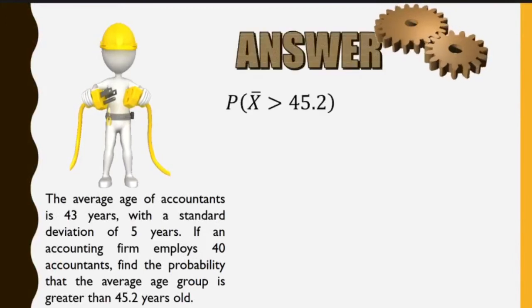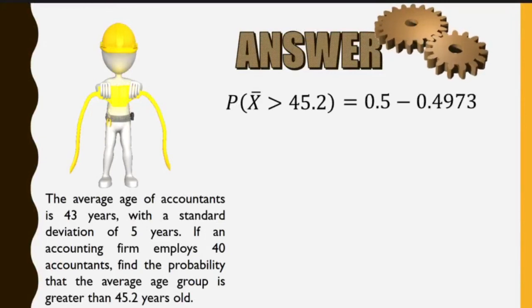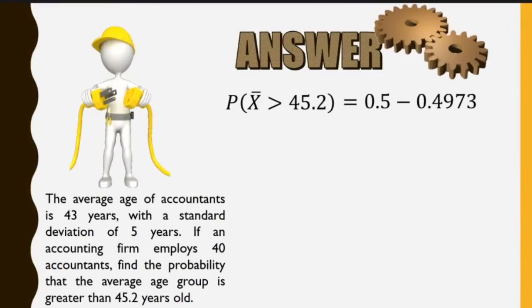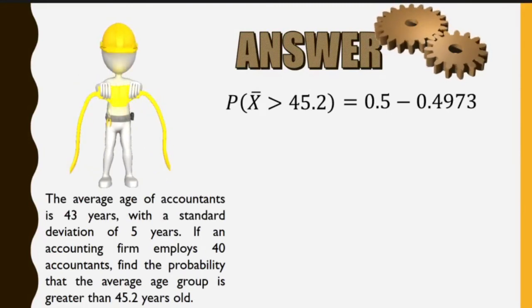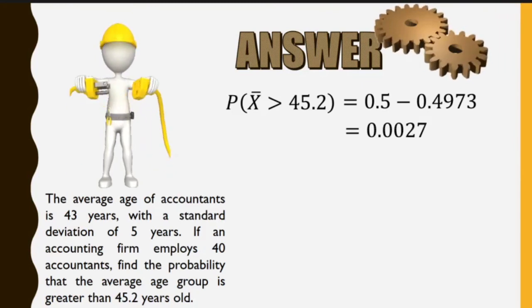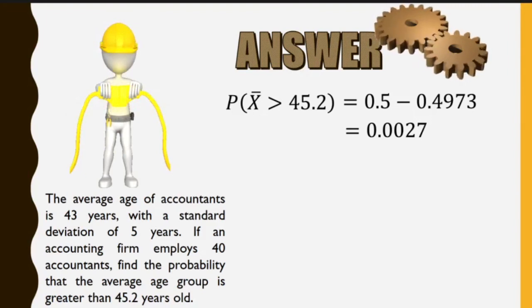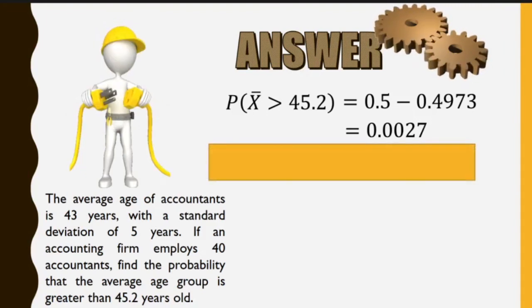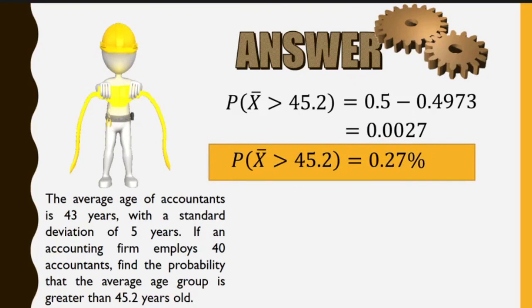Therefore, the probability that the average age is greater than 45.2 is 0.5 minus 0.4973, since the area for z equal to 2.78 is 0.4973. Therefore, the probability that the average age is greater than 45.2 years old is 0.0027, or multiplying it by 100%, we have 0.27%. And that will be our answer.